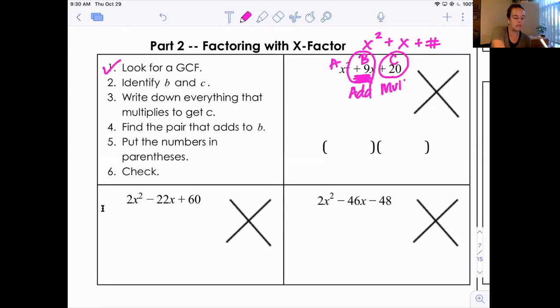This is the number that we need to multiply to get. So we need to add to get 9 and multiply to get 20. Can anyone think of two numbers that add to get 9 and multiply to get 20?